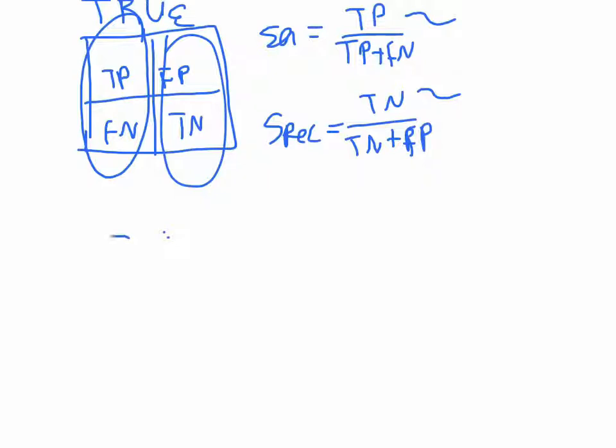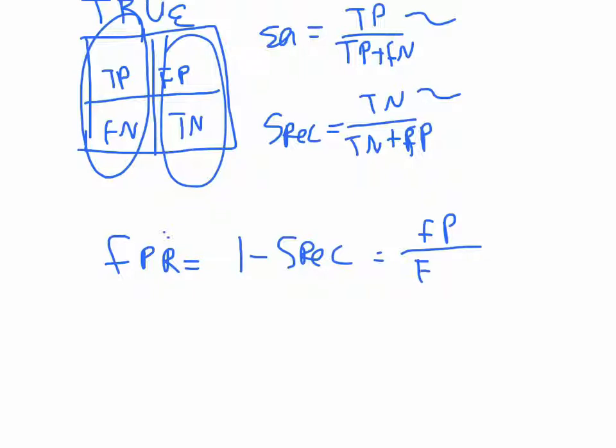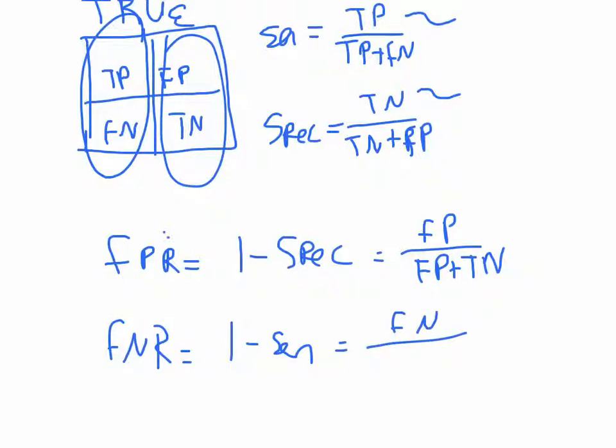Then your false positive rate is equal to 1 minus the specificity, which is also equal to the false positives over false positives plus true negatives. And the false negative rate is equal to 1 minus the sensitivity, which is equal to the false negatives over true positives plus false negatives.